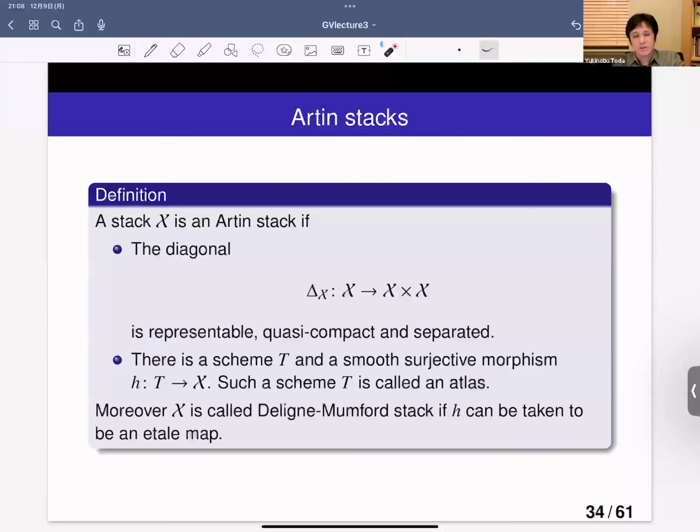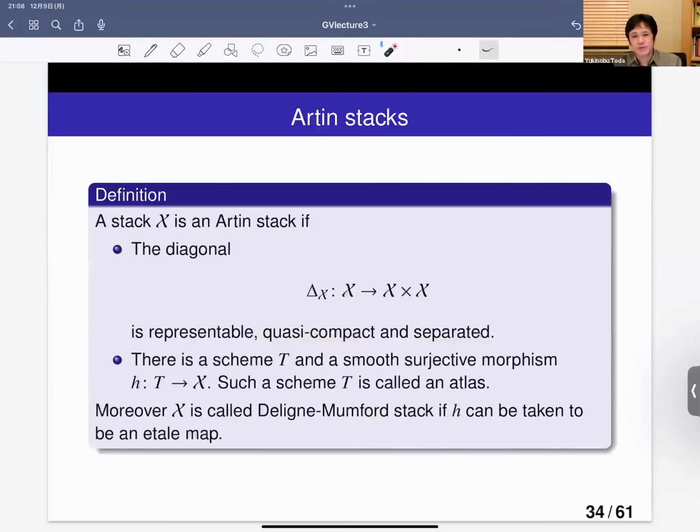So then we have the nice kinds of stacks called algebraic stacks. By definition, a stack is an algebraic stack if the diagonal map is representable, quasi-compact, and separated.